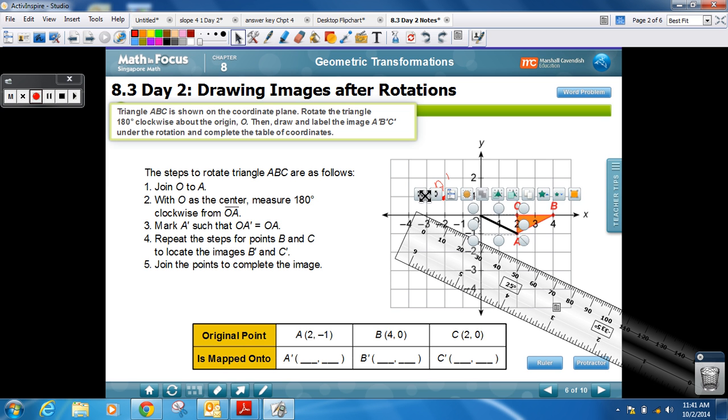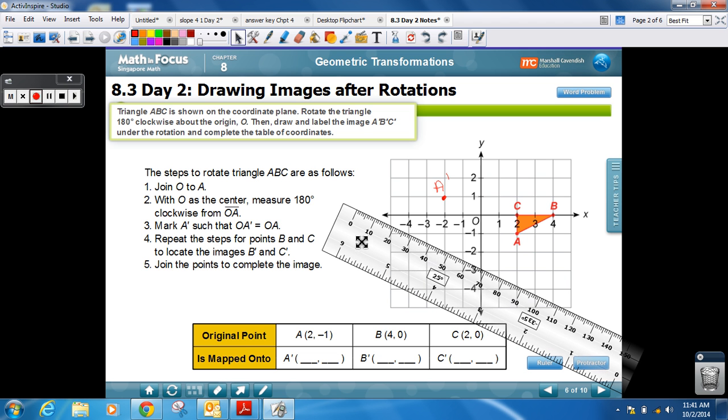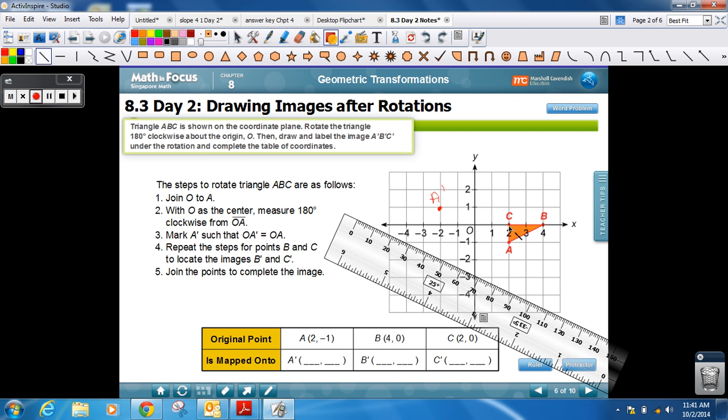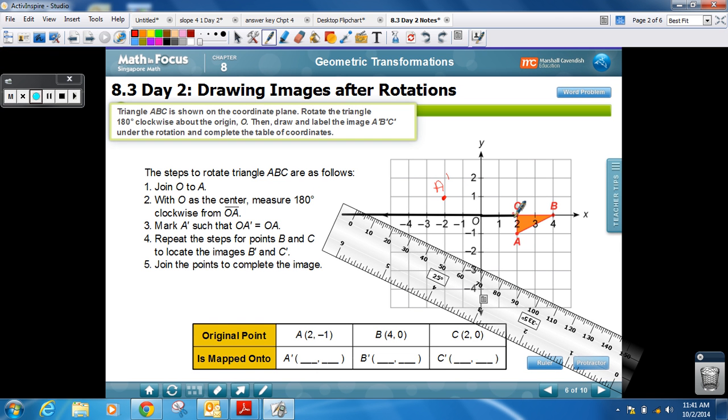so then I can find the location of another point. I just want to show you again how to do it using the ruler. So again, now I go from C to O, and then I extend my line out, and this is easy because it's on an axis. So C is going to fall somewhere on this black line.